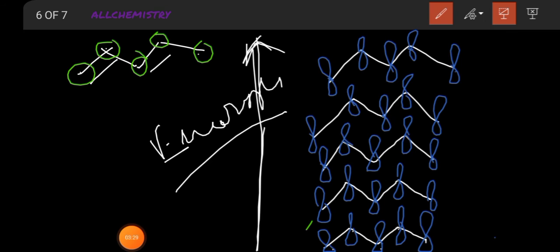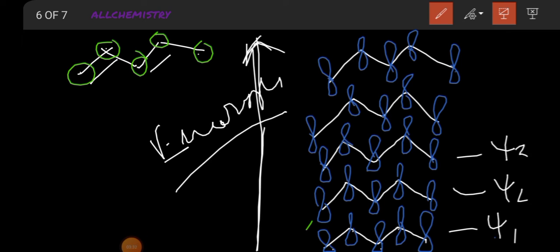Now look, this is psi 1, psi 2, psi 3 energy level, psi 4, psi 5. Now how many electrons?